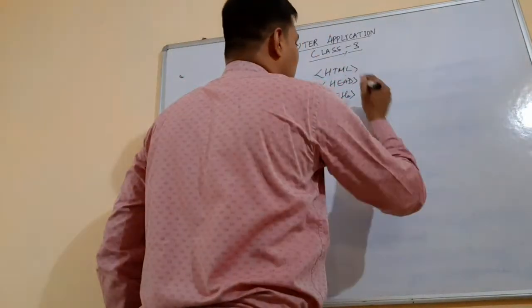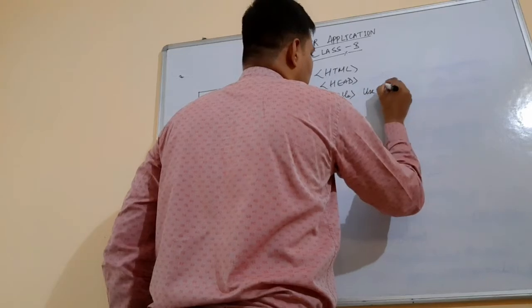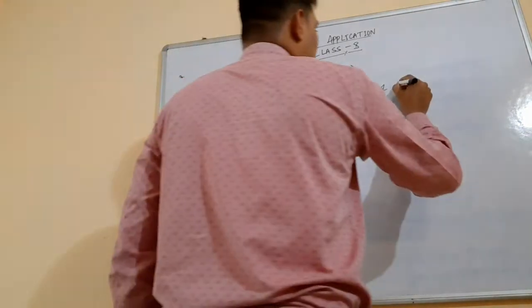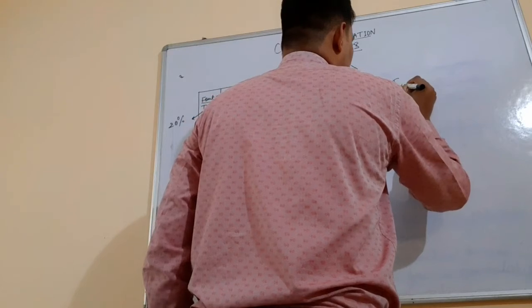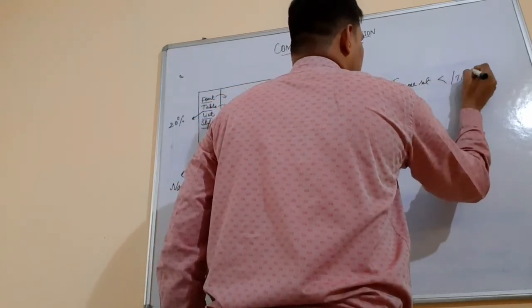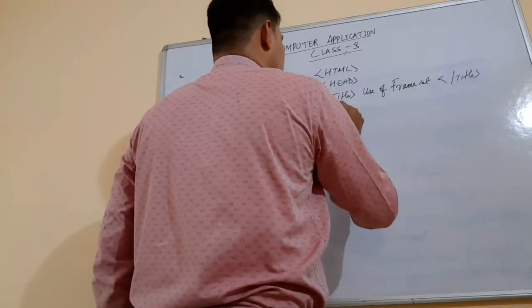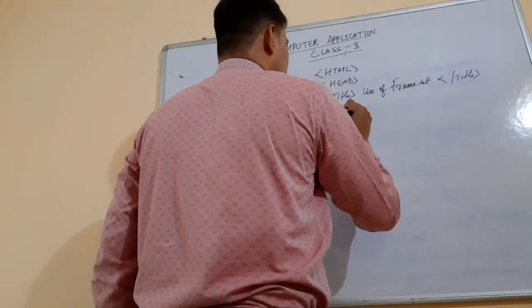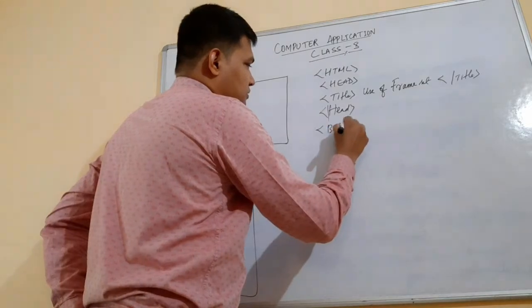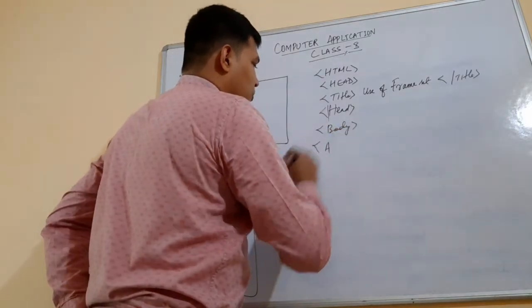After the title, you have to use the frameset. And title is closed. Then head will close. Then body will start, and after the body you open the anchor tag.